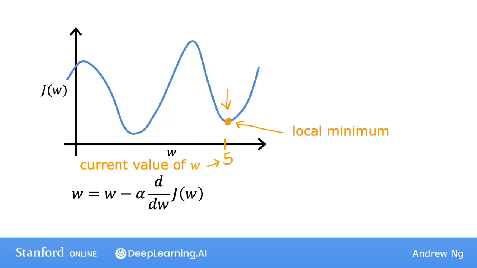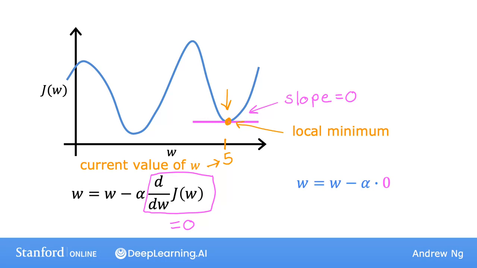Turns out, if you draw a tangent to the function at this point, the slope of this line is 0, and thus the derivative term here is equal to 0 for the current value of w, and so your gradient descent update becomes w is updated to w minus the learning rate times 0, because the derivative term is equal to 0.